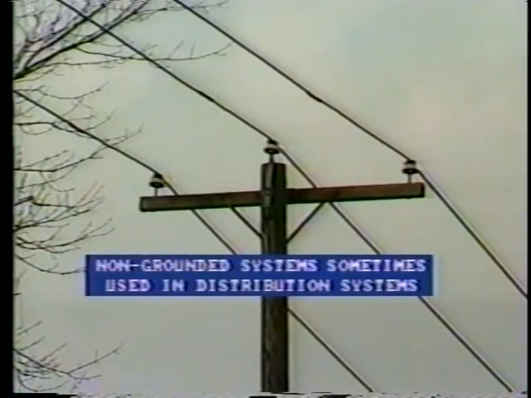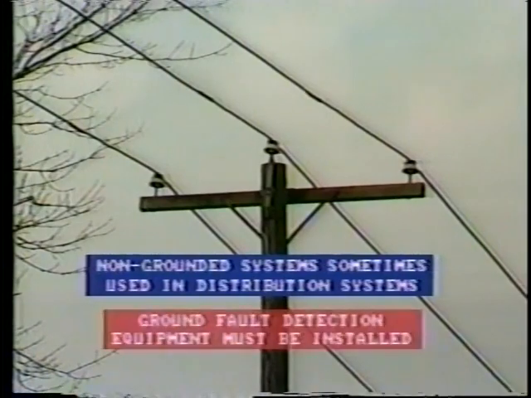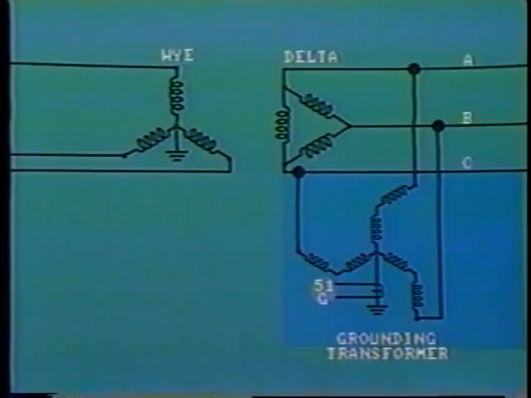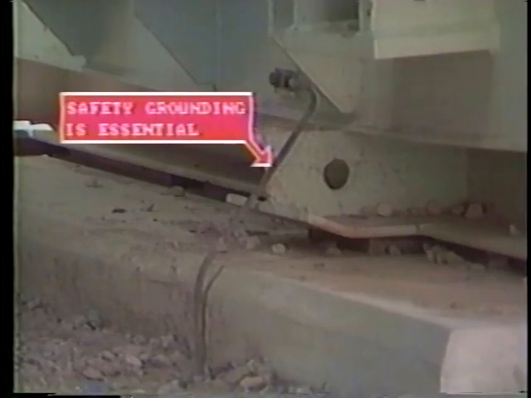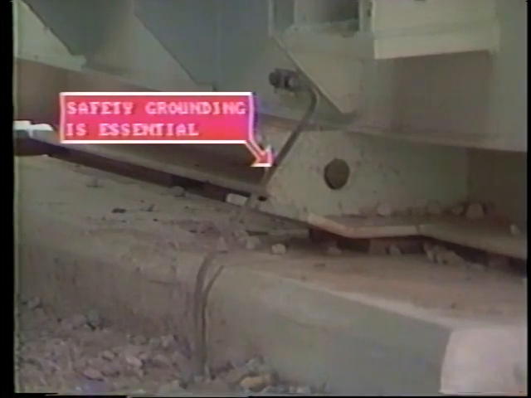Distribution systems are sometimes not grounded, and in this case, ground fault detection equipment must be installed. Delta systems can be grounded with grounding transformers. Safety grounding is essential. All equipment in power stations, substations, switch yards, and so on must be solidly connected to the ground mat.